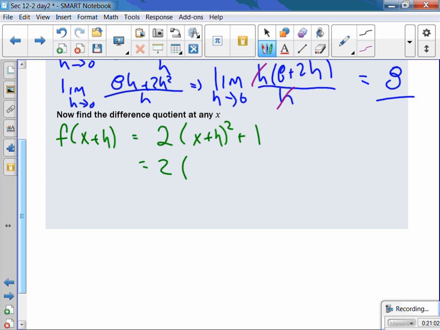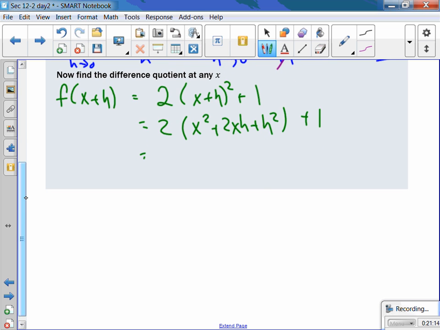You get 2 times x squared plus 2xh plus h squared, plus 1. I have my f of x plus h now. There's no like terms to collect.